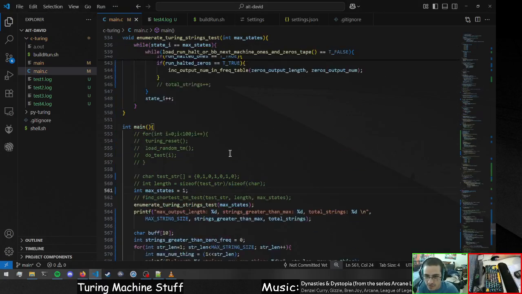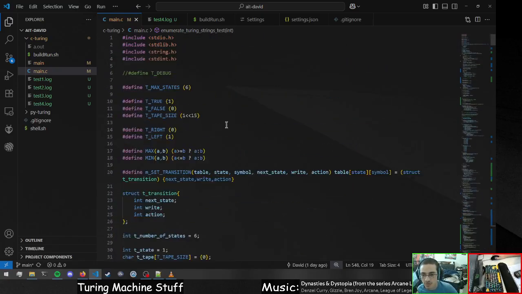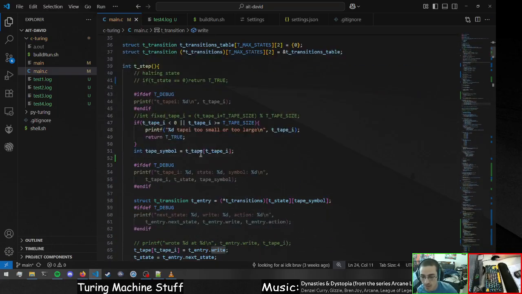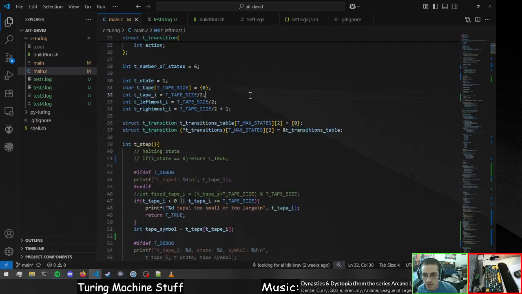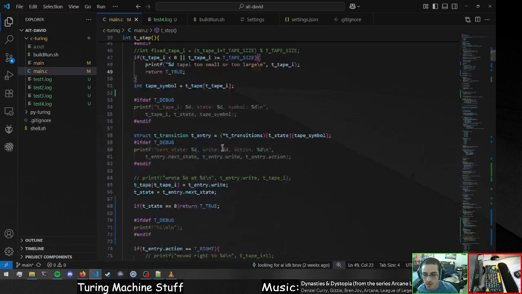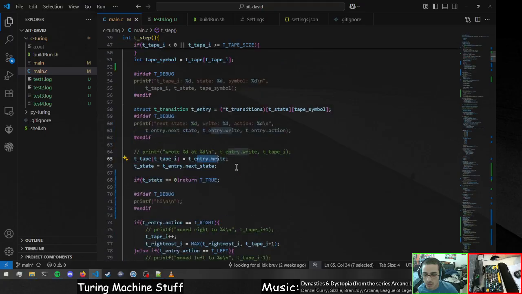Maybe the Turing machine, like if I change the symbols, if I flip the tape, maybe I also have to flip the right thing. I don't really know. Maybe I'm supposed to treat the tape differently, like right here where I write to the tape.